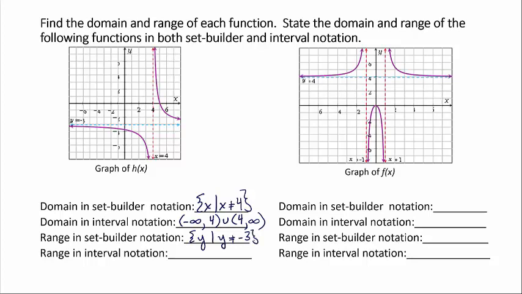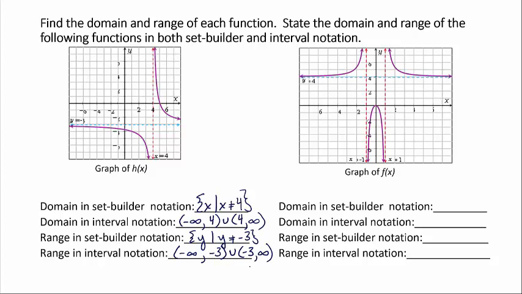Looking at where the arrows are headed, up towards positive infinity and down towards negative infinity on either side of the vertical asymptote, all of the other y values of the function would be included except for that horizontal asymptote at y equal negative 3. So in interval notation, we'd have negative infinity up to negative 3 in union with negative 3 to positive infinity.